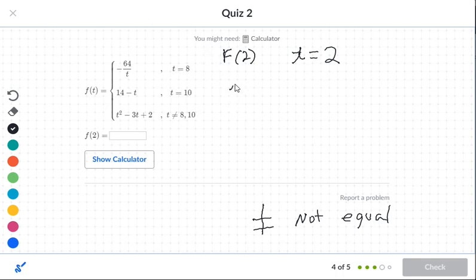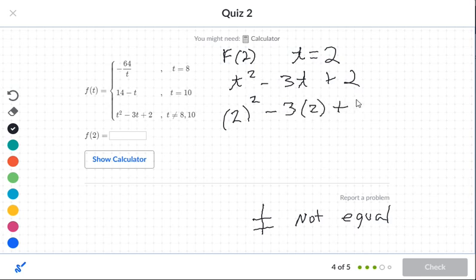So we're going to say t squared minus 3t plus 2. Now wherever there's a t, the t is going to become a 2. So we're going to say 2 to the second minus 3 times 2 plus 2. Order of operations, we take care of our exponent first. So 2 squared would be 4. Now we can multiply.